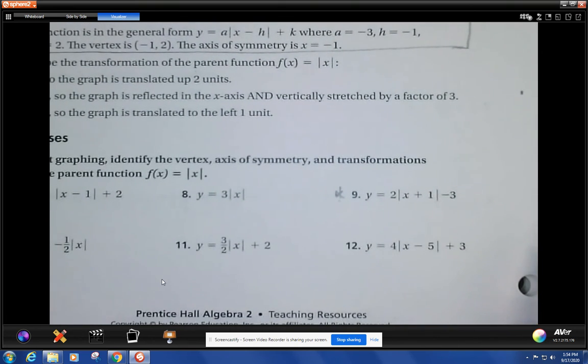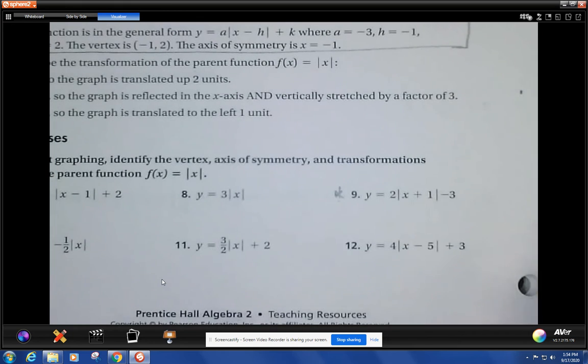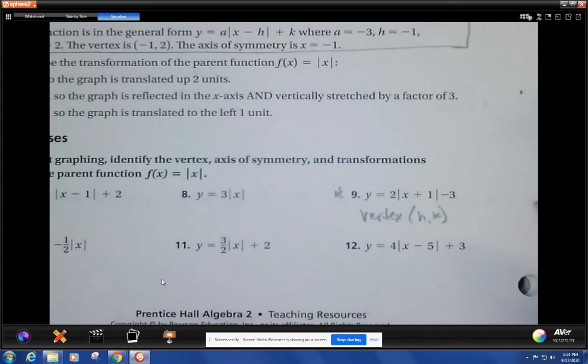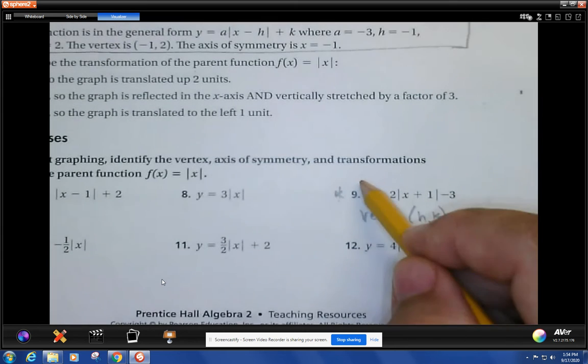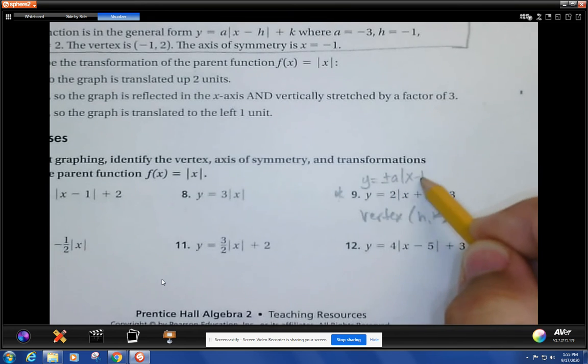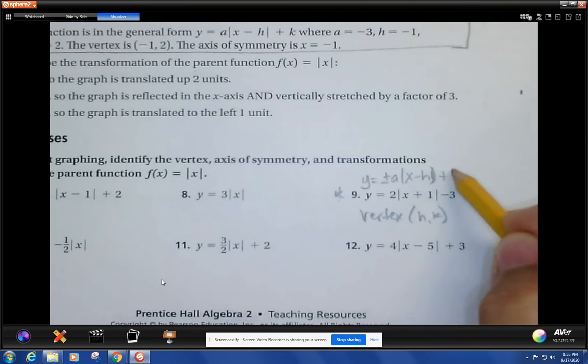So again, I want to talk about the vertex. Well, my vertex is h and k, right? So if I look at my format, and I'm looking at this against what I already know, I'm going to write it up here again: plus or minus a, x minus h, plus k.